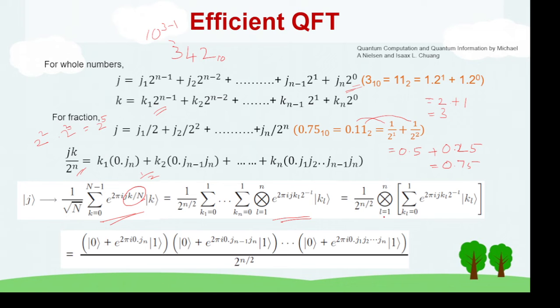So at that time, what you are doing is multiplication L equals 1 to n, and you can see when L equals 1, this will be like the K1 state, but we know that when we multiply K1, the first term we get is 0.jn. So that is what we are getting here, and like that we can repeat.